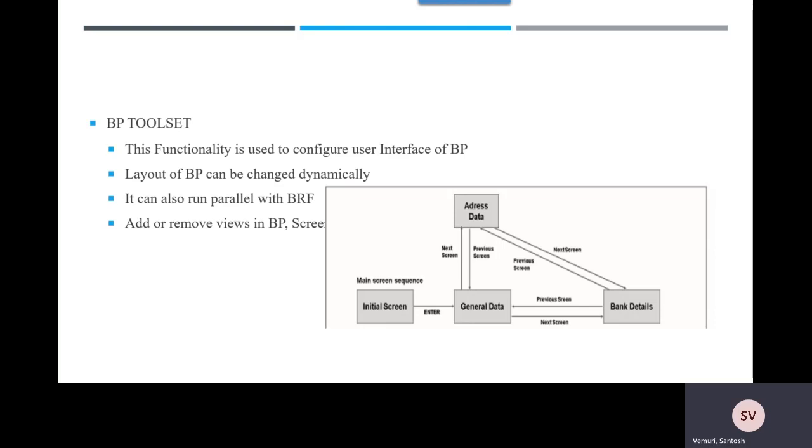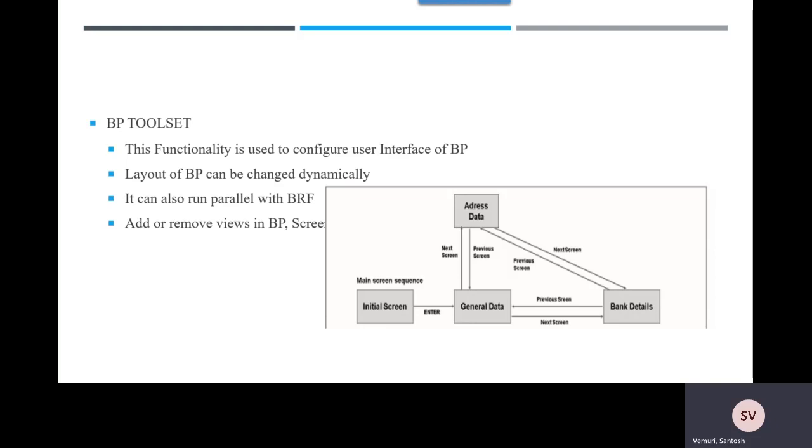In the same way, when I use FLVN01, a business partner as a supplier, I need to maintain purchasing data. Okay, so this BP toolset functionality will ensure specific views are popped up upon creating a role or upon selecting that role.